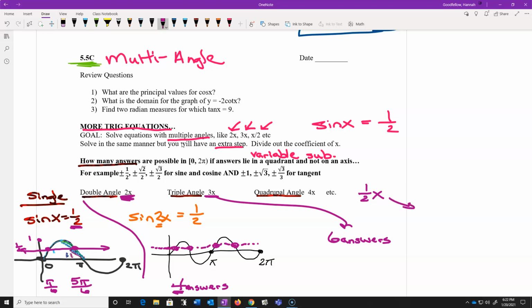Now, I'm not going to say that that one is a direct result, because ultimately you can still get the same 2 answers between 0 and pi because it's in the first quadrant. So it's not nearly as likely that I can draw that connection. So we'll see some half angle situations too, but you're definitely going to get, I'm going to say, fewer answers for most of the time.